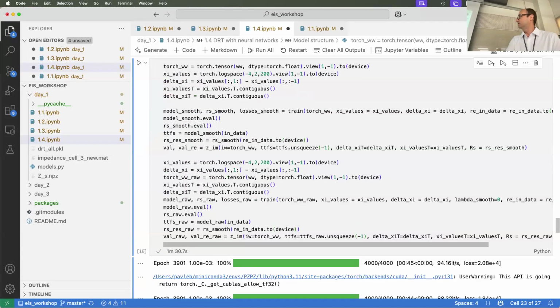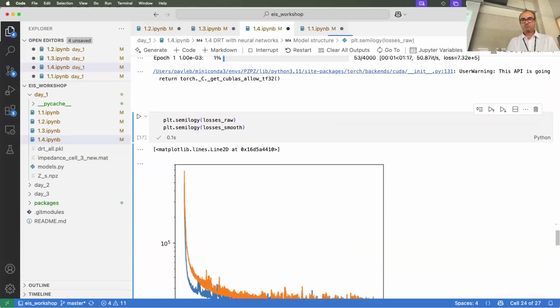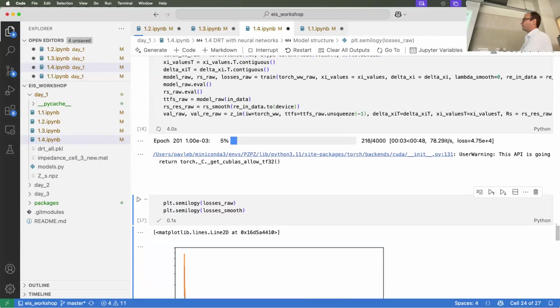And let's do it. Okay, here is the training. So now I'm training 600 ice curves without any polishing, without any regularization. This is currently running on my laptop, so it will take about 40 seconds.